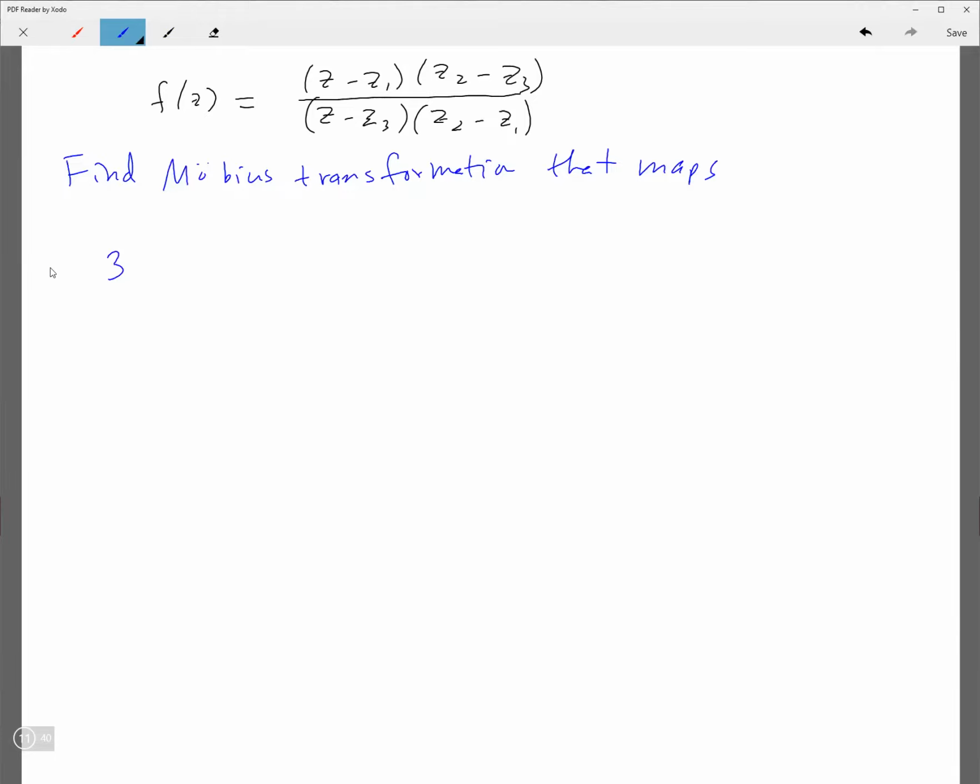Maybe not that complicated. I'll choose i, 1, and 0. So we have those 3 right there. We want to find a Mobius transformation that maps this one to 0, that one to 1, and that one to infinity.